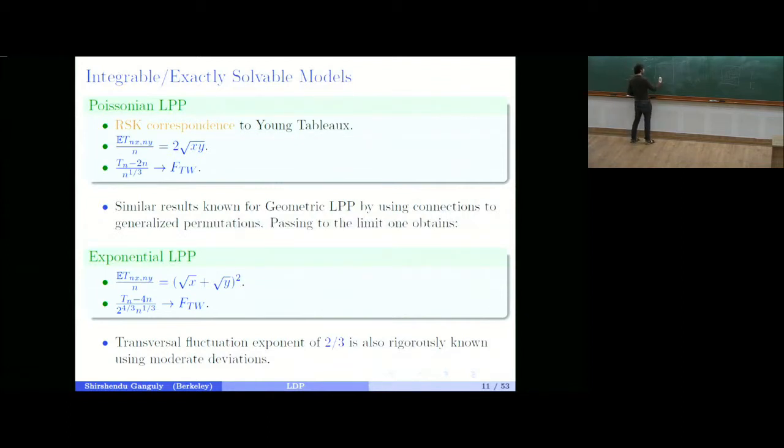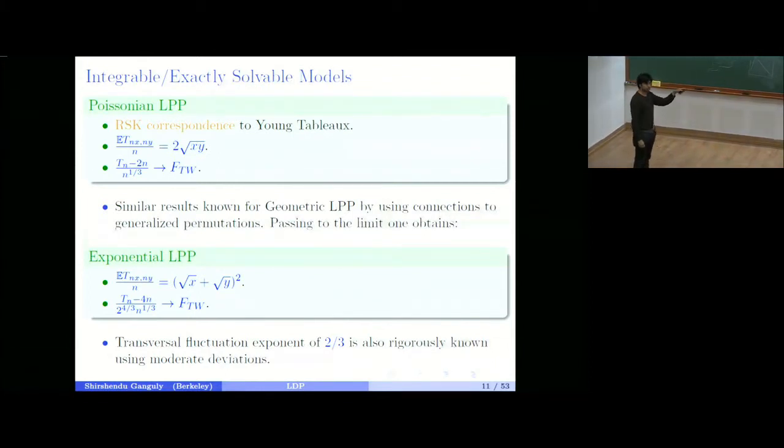Then you can say that if there is a path which deviates too much, if a path goes like this and this, then there's a quadratic penalty because of the shape theorem, and the fluctuation is not large enough to compensate for that. But you can make this rigorous only when you have a quantitative version of this thing, so a pre-limiting version of this scaling limit statement. This is what is known as moderate deviation.